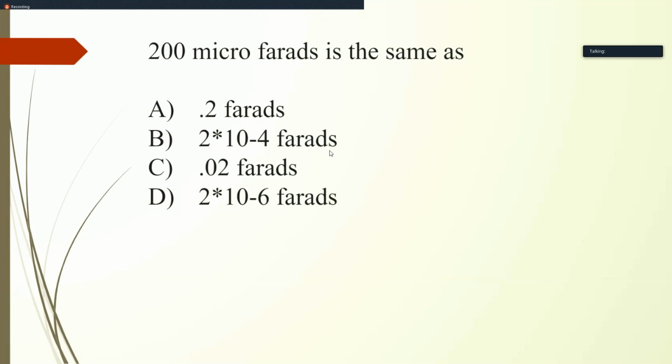Now, this is another one that I'm not a big fan of their answer, because what we said is we're going to try to stick to engineering notation, which allowed us to move within these common units: milli, micro, nano, pico. And so I don't really like the way they've moved it, but in terms of what is the same, 200 microfarads is the same number as B, 2 times 10 to the -4 farads.